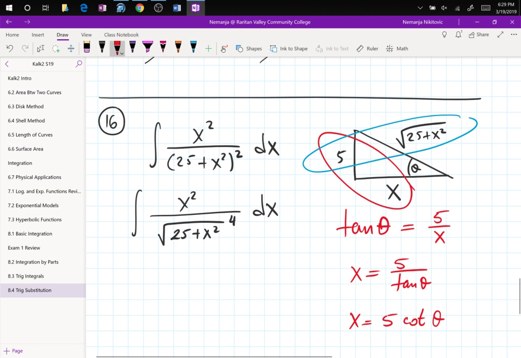It doesn't say which one goes where. So if you want to make this problem easier, instead of dealing with a cosecant cotangent pair, by swapping 5 and x over here, you are turning this problem into a tangent secant pair.